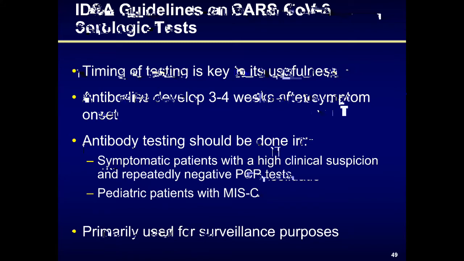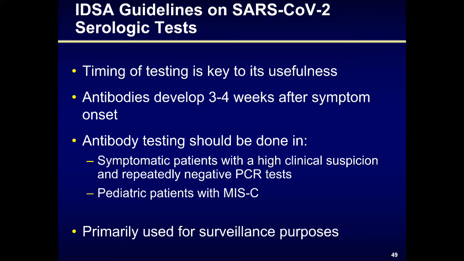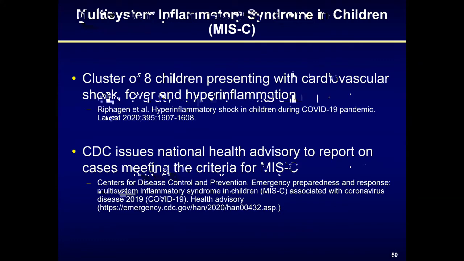But certainly among symptomatic patients with a high clinical suspicion and repeatedly negative PCR tests, you may want to do antibody testing. And pediatric patients with MIS-C, the multi-system inflammatory syndrome in children that we'll talk about shortly. But mostly the serologic tests have been used for surveillance purposes to know what is the cross-section of prevalence in a population at a given time.